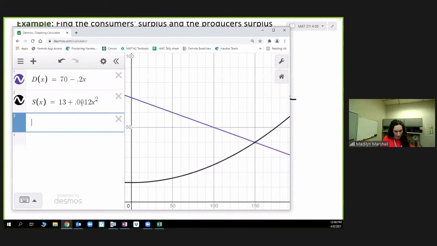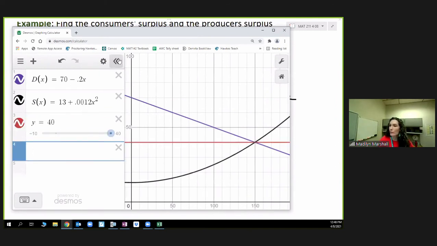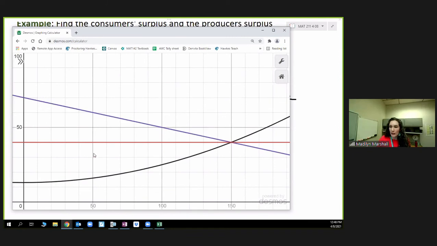And so now you can see here, we have our price supply equation on the bottom, and that producer surplus will be between this red line at P bar equals 40 and that supply equation. And the consumer surplus will be between that demand equation and our P bar.